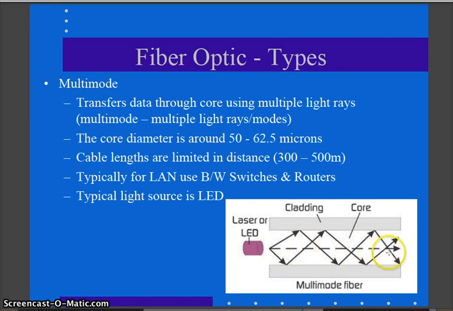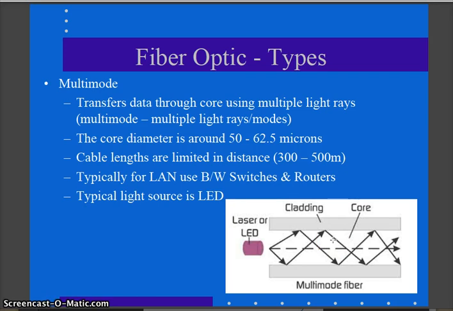A pulse of light goes down the fiber to represent a 1, followed by no pulse to represent a 0, followed by another pulse to represent a 1. That pulse of light representing the 1 is made up of multiple light rays, multiple modes of light. Hence, it's a multi-mode fiber.